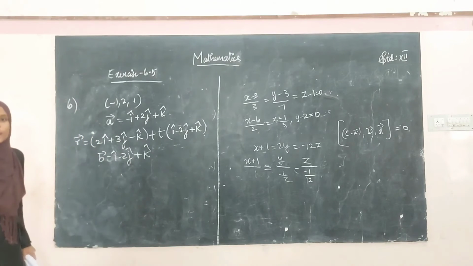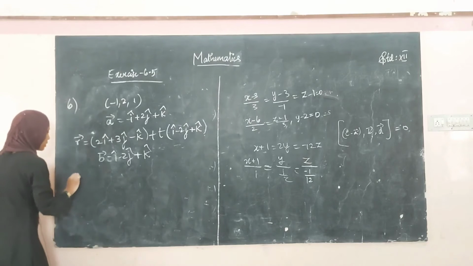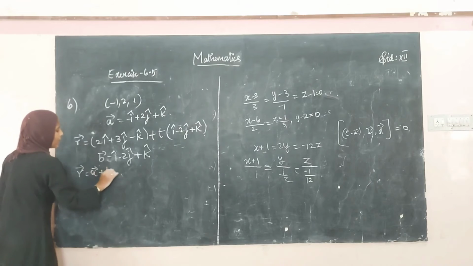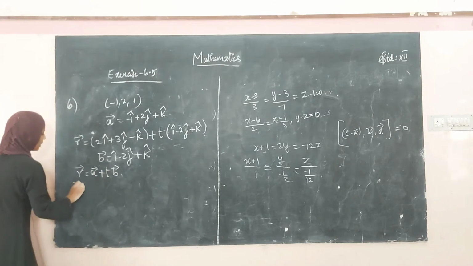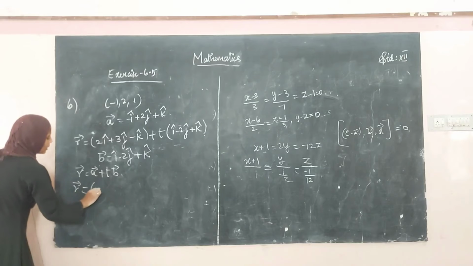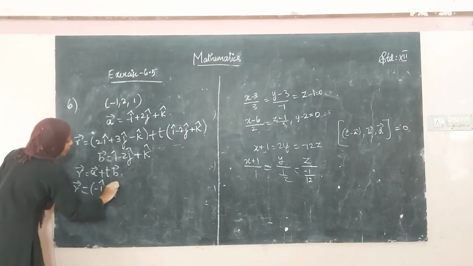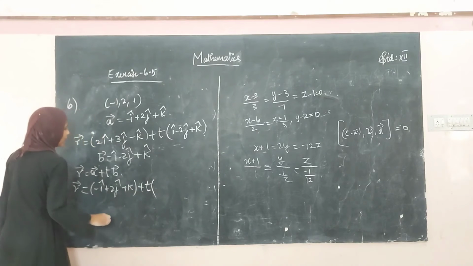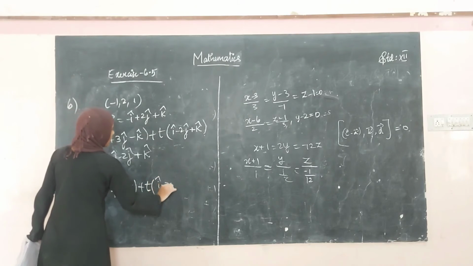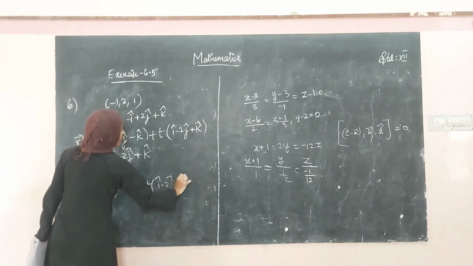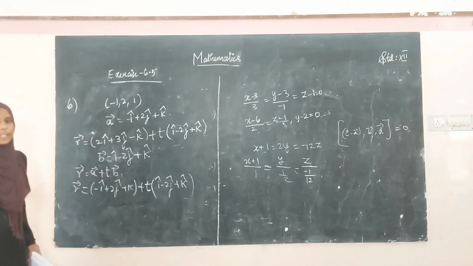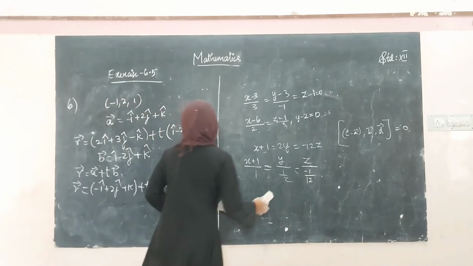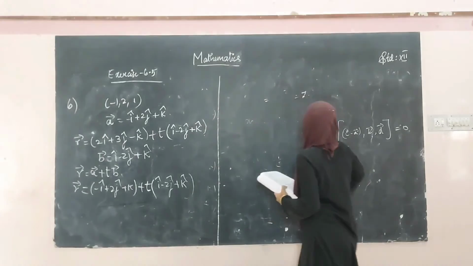They have asked us to find the parametric form of the vector equation. What's the formula? R vector is equal to A vector plus t into B vector. So R vector will be equal to minus i cap plus 2j cap plus k cap plus t into, what is B vector? B vector is i cap minus 2j cap plus k cap. So this is the parametric form of the vector equation, and they have asked us to find the shortest distance between these 2 lines.